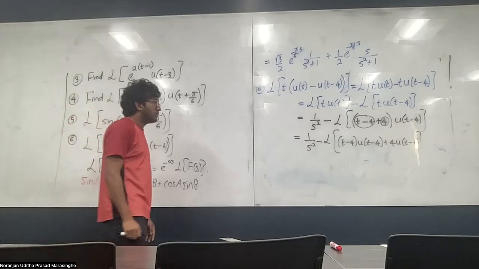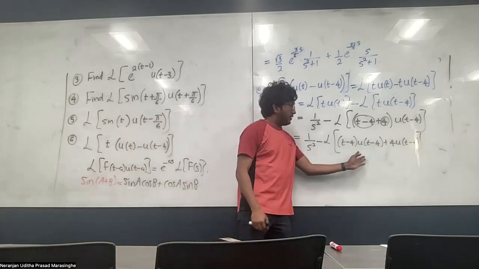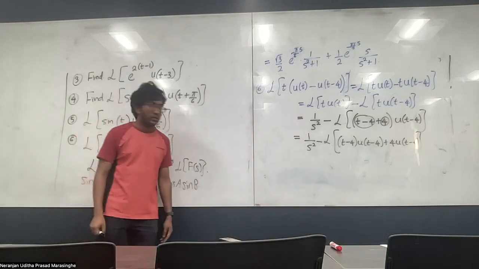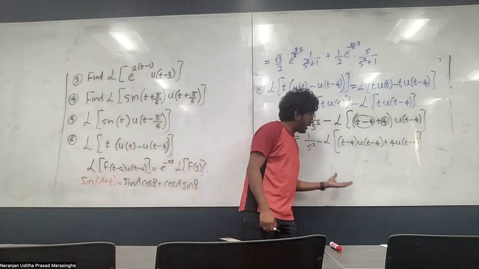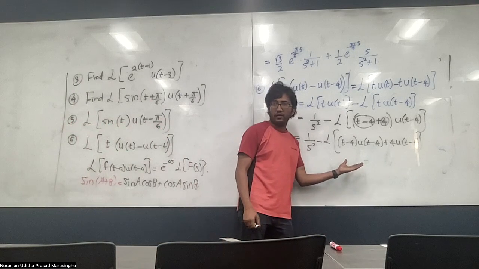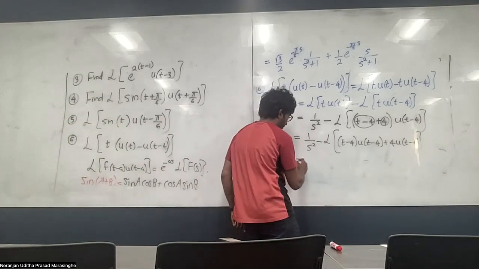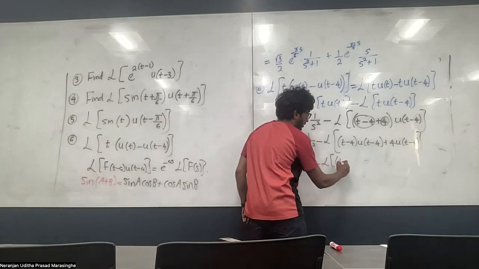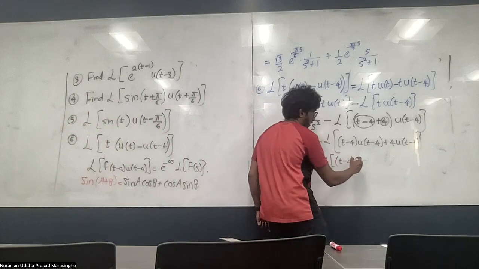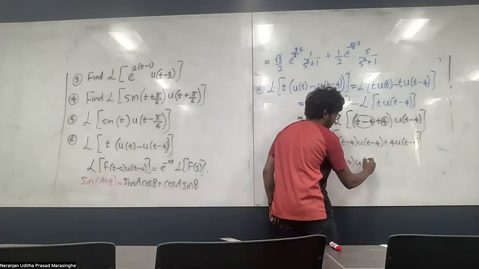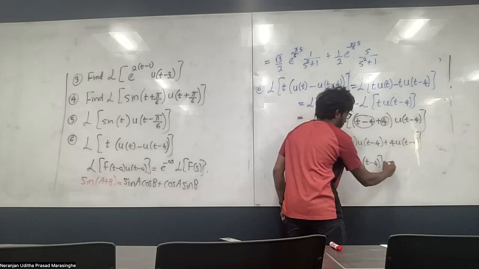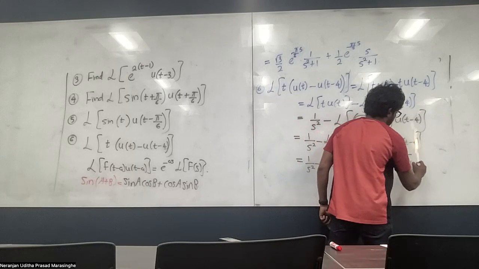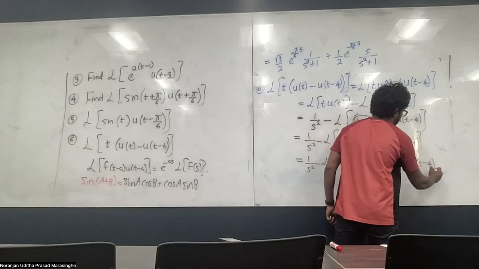Any questions so far? Now, again, I would apply linearity. So I would get 1 over s square minus Laplace of (t minus 4) u(t minus 4) minus 4 times Laplace of u(t minus 4).